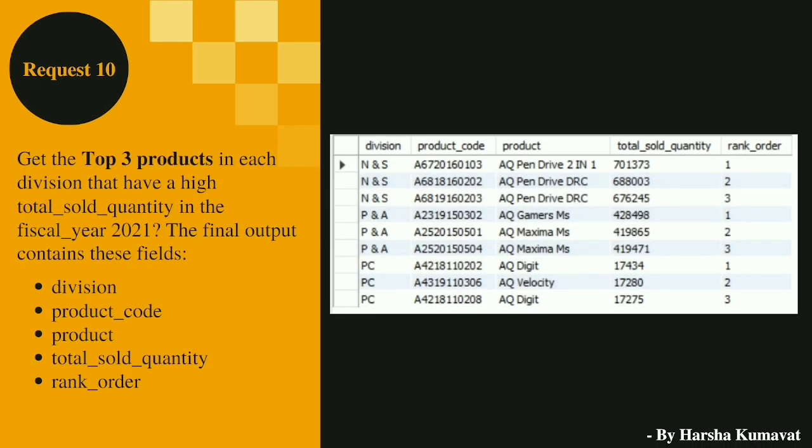Here we want to know the top 3 products in each division that have a high total sold quantity in financial year 2021, and here is the output which we got after running the SQL query.